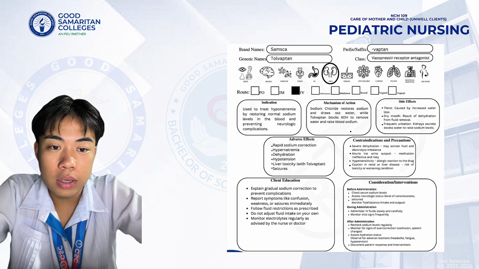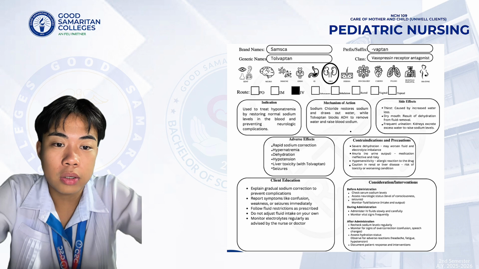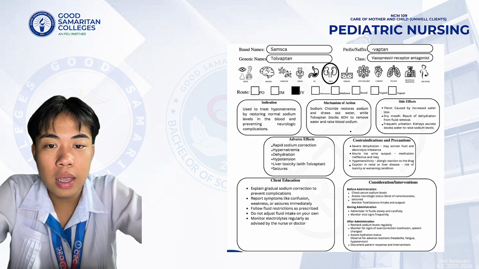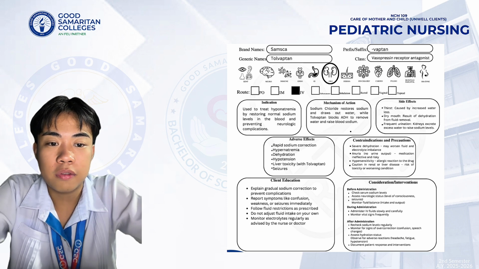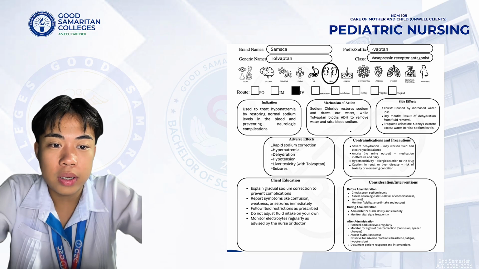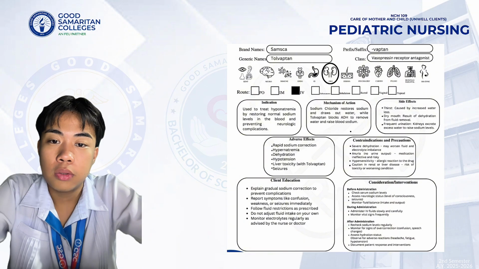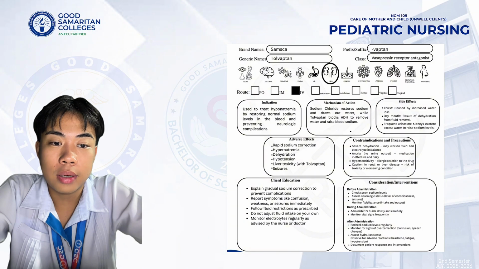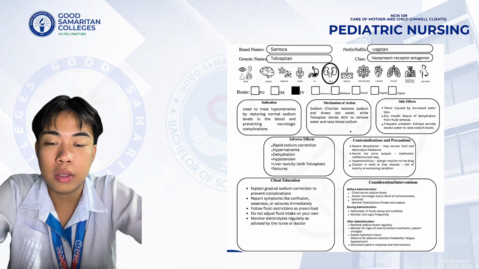So, client education: explain gradual correction to prevent complications, report symptoms like confusion, weakness, or seizures immediately, follow fluid restriction as prescribed, do not adjust fluid intake on your own, monitor electrolytes regularly as advised by the nurse or by the doctor.